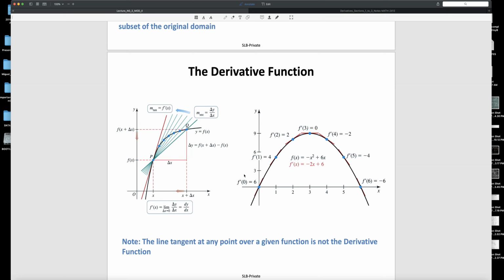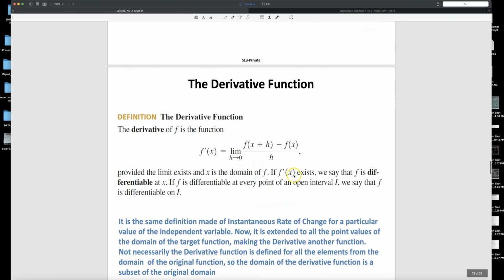Or in other words, to compute the derivative at every point, and then you create the function. And that's what I say over here. You know that the slope of that tangent line is this limit, and now we are going to compute that at every point of the domain of the function. That is the derivative function.